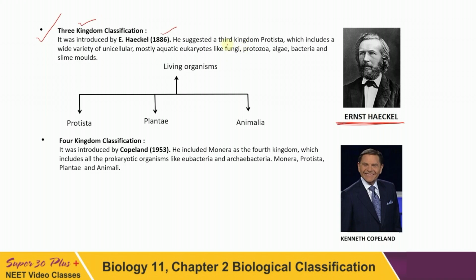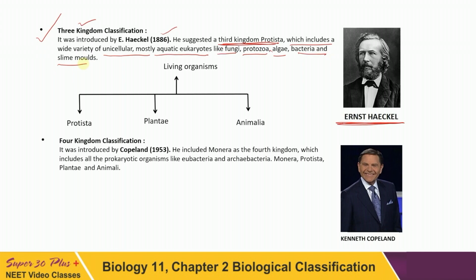He suggested a third kingdom, Protista, and Protista includes all unicellular organisms together. These protists were mostly aquatic eukaryotes: unicellular fungi, so-called animal protozoans, algae, bacteria and slime molds, all kept in this kingdom.